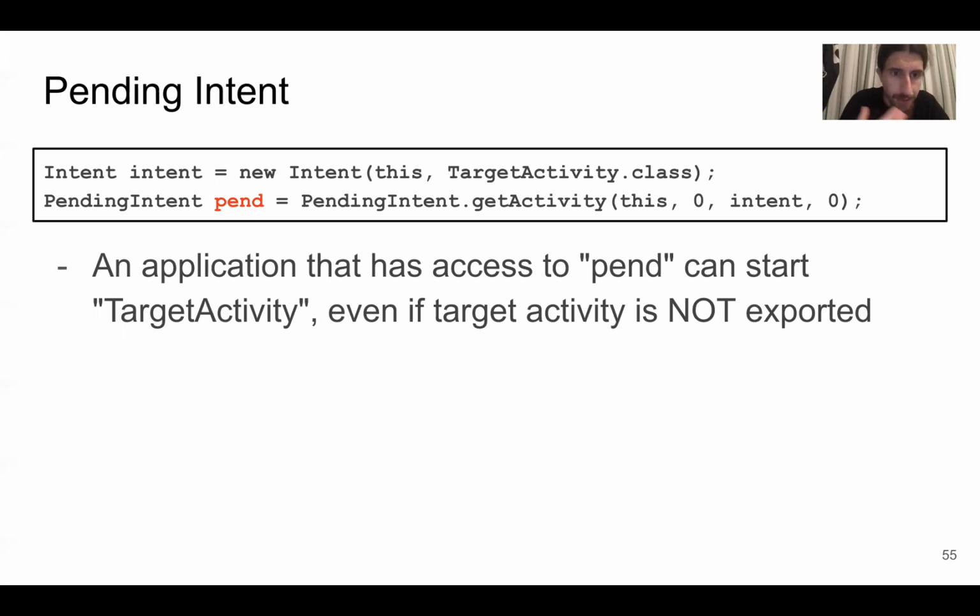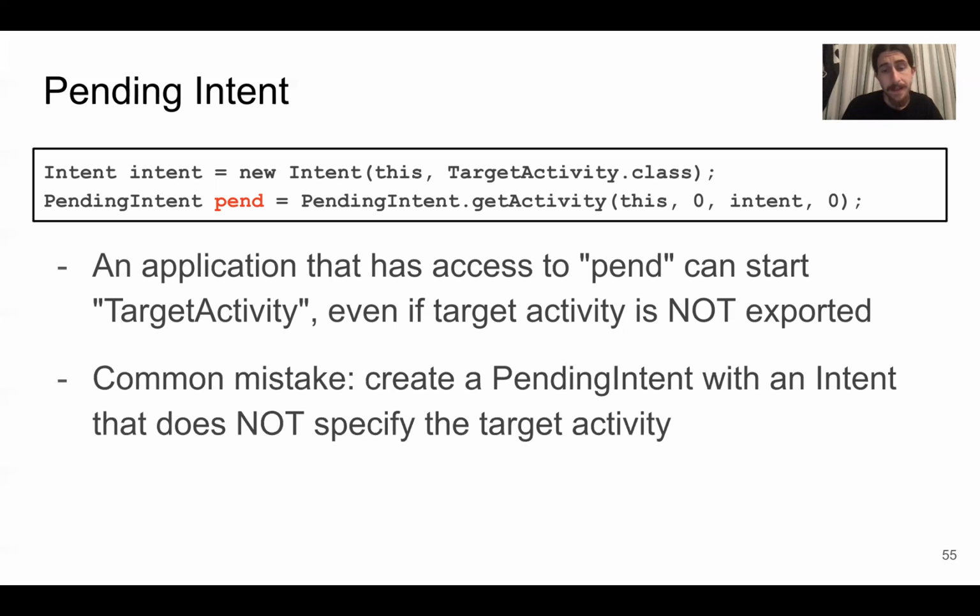Then you create a pending intent like this, and now whoever has the pending intent has access to it. So if I send it around to application B, now this application B can start the target activity. Starting an activity may not seem like a bad thing in this moment, you just start an activity, but what if this activity actually replies back with something sensitive? Now you see how this could be problematic.